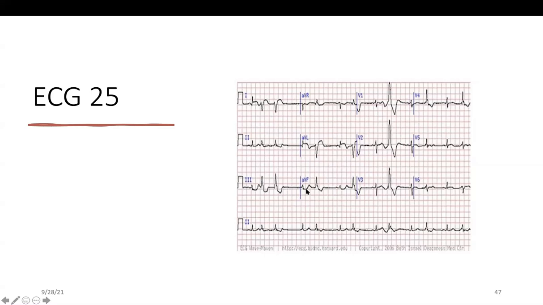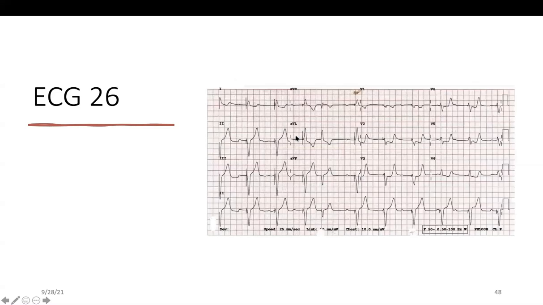ST depression. aVF? Depression also. So is this a high lateral MI with PVCs? Exactly. But usually, once you see the PVC, you will be distracted from the actual changes of the MI.